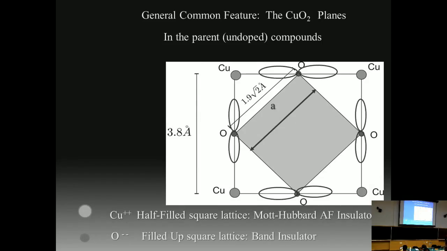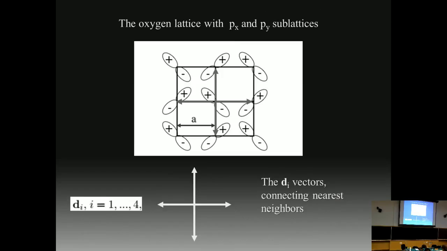This is another view of the copper oxide planes. I specify here the px and py oxygen orbitals, which are going to play an important role. So this is again another view of the oxygen lattice.